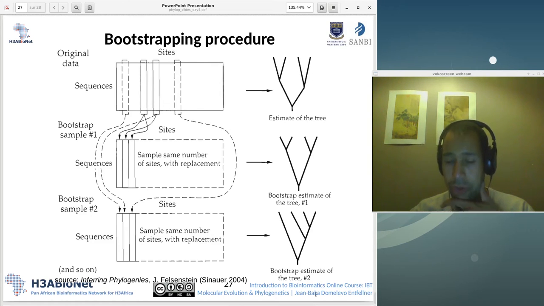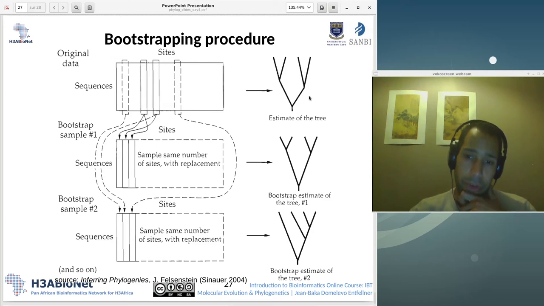Out of the 100 bootstrap estimates that we have, let's say we have 60 of them that have the branch leading to AB, or 60 of them, in other terms, that have a cherry AB. Then we will say that we have 60% bootstrap support for this clade AB.